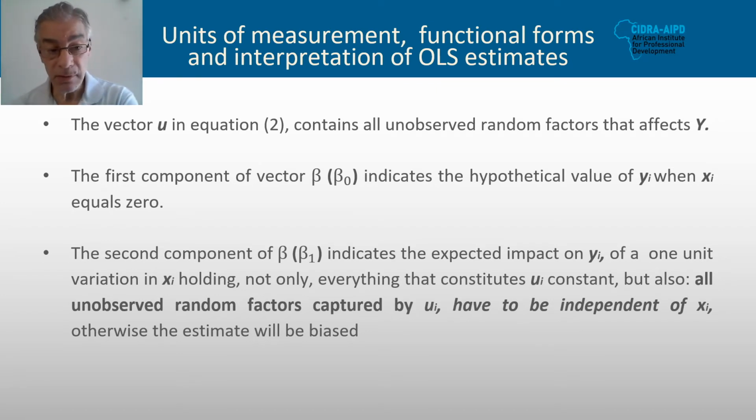The second component, beta sub 1, indicates the expected impact on y sub i of a unit change in x sub i, holding constant everything that constitutes u sub i, but also all unobserved random factors captured by u sub i have to be independent of x sub i. Otherwise, our estimate is going to be biased.